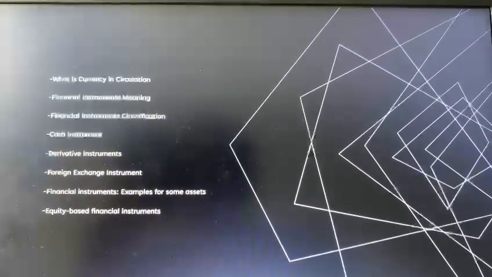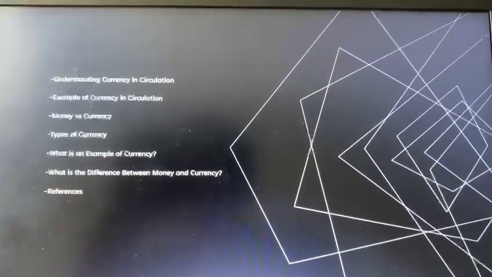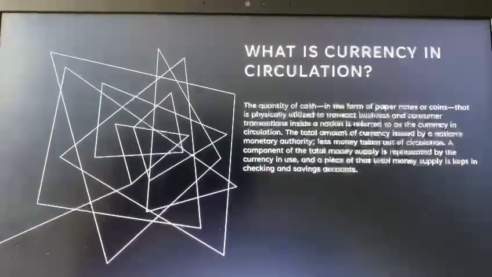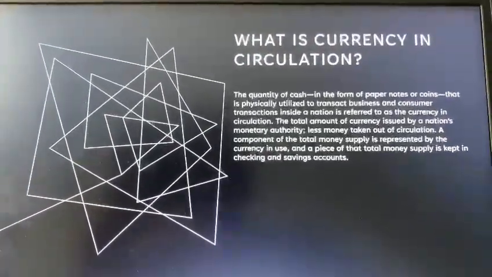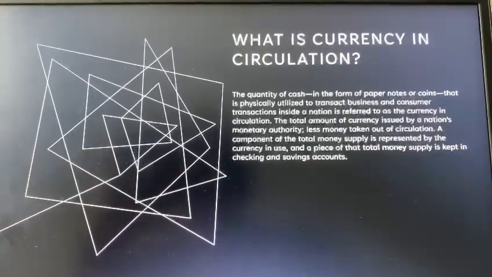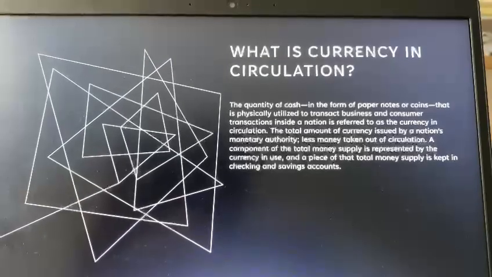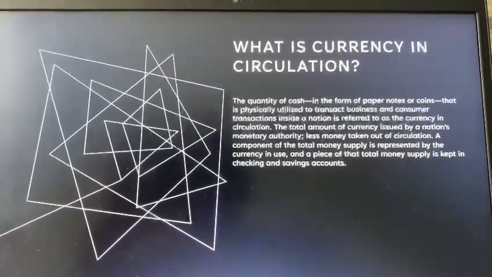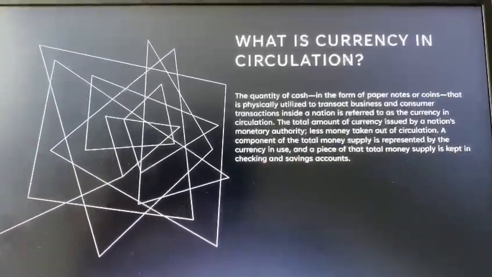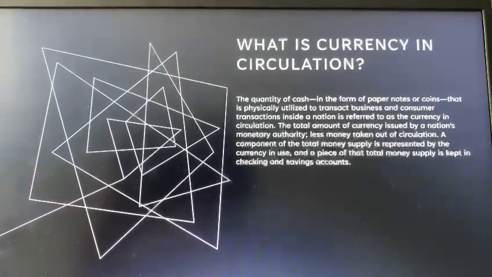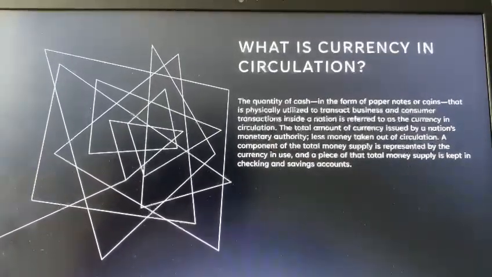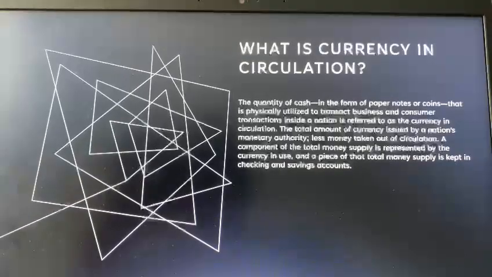These are my topics. The first topic is: what is currency in circulation? The quantity of cash in the form of paper notes or coins that is physically utilized to transact businesses and consumer transactions inside a nation is referred to as the currency in circulation.